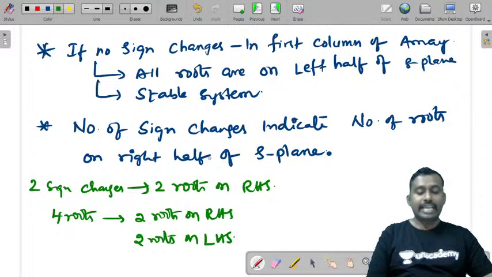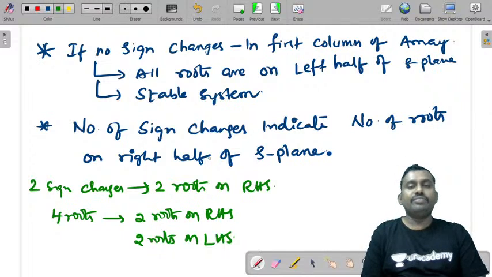So what does the number of sign changes indicate? The number of sign changes indicates the number of roots on the right half of the S plane. It does not indicate the number of roots on the left half. The number of sign changes will always indicate the number of roots or poles on the right half of the S plane.